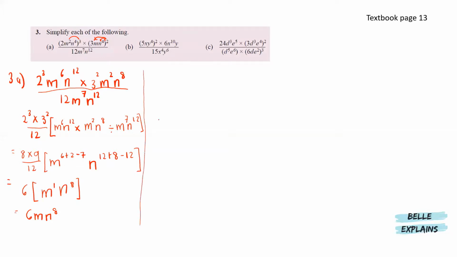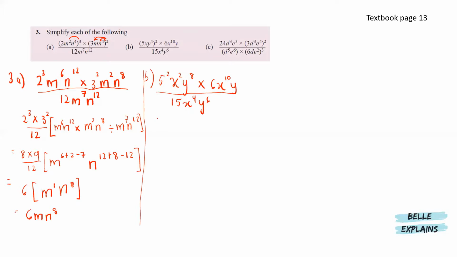Next, for b, we have 5 to the power of 2, x to the power of 2, and y to the power of 8 times 6x to the power of 10, y over 15, x to the power of 4, and y to the power of 6.